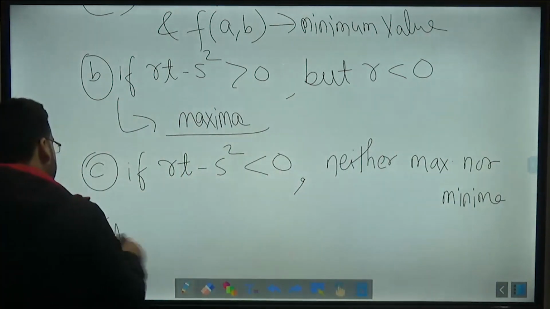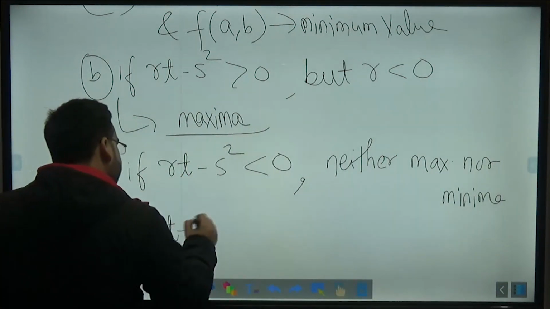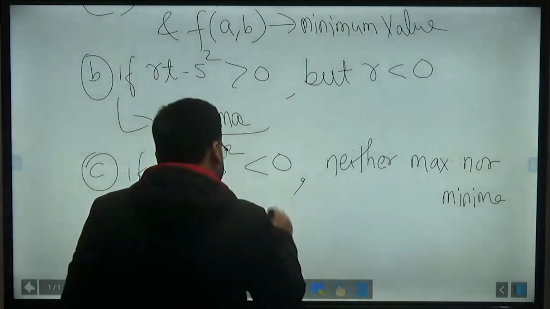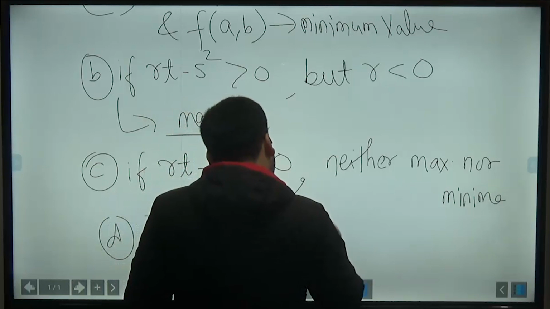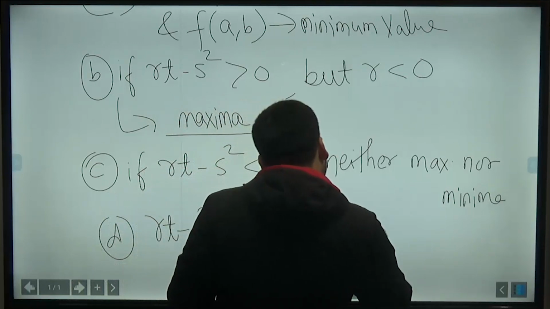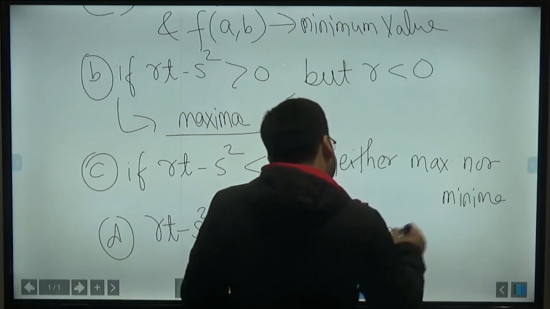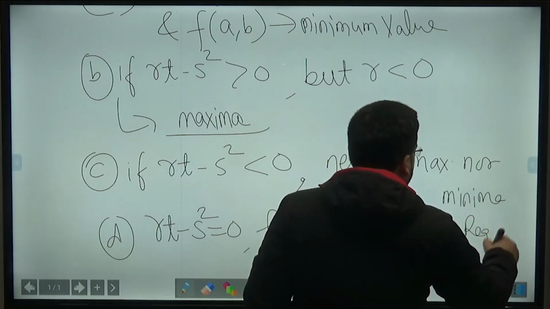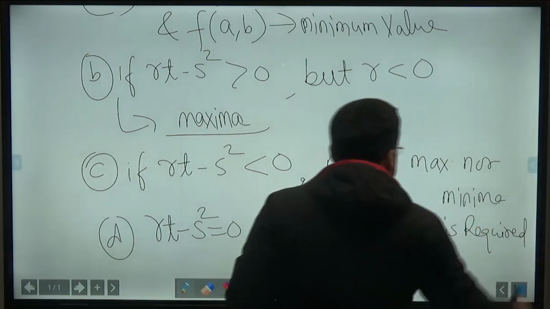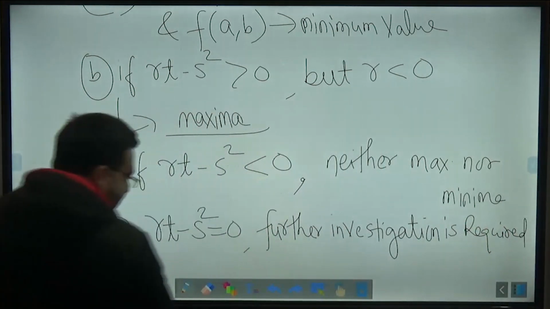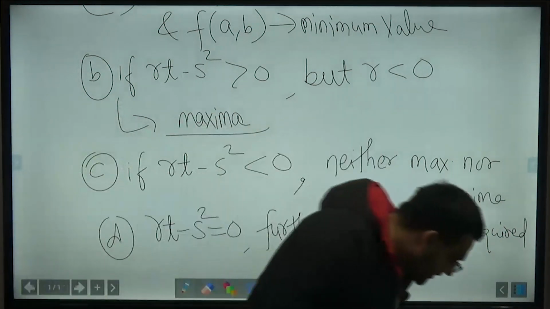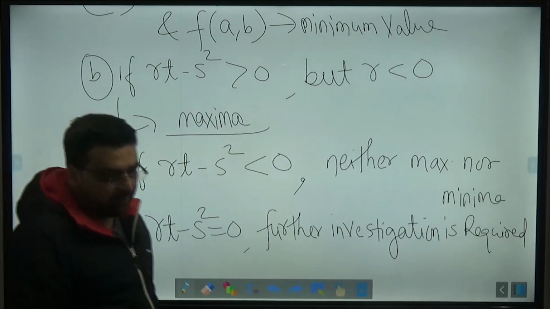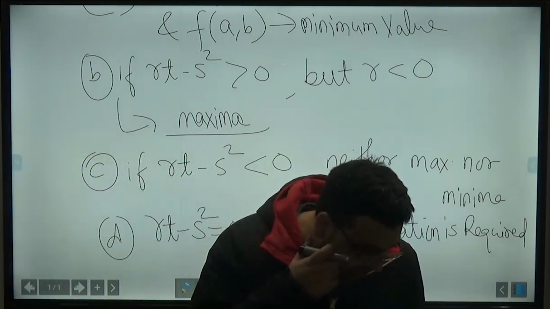And if rt minus s square becomes equal to 0, further investigation is required. So these are the various conditions for which you will get the maxima or minima of a particular function.